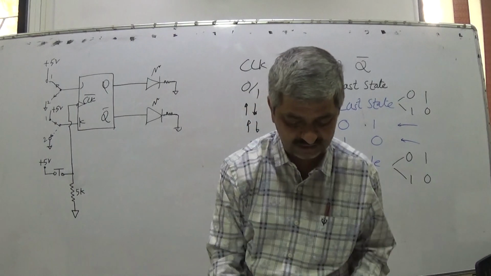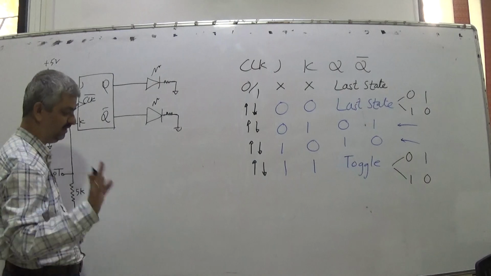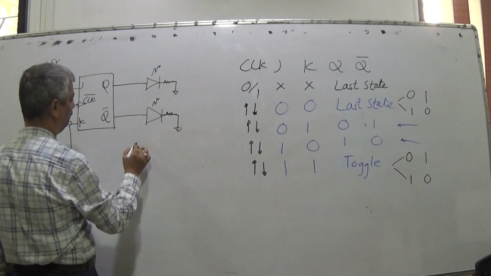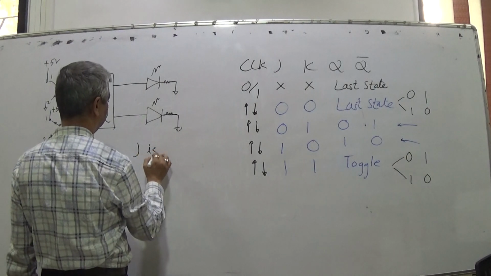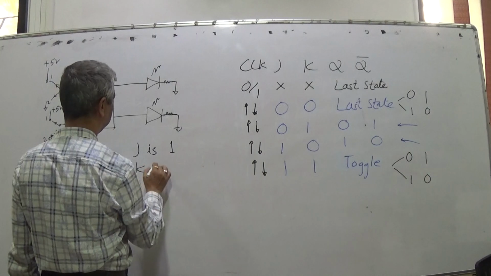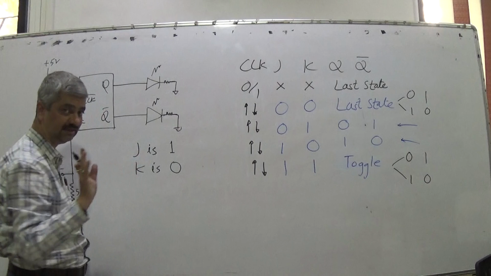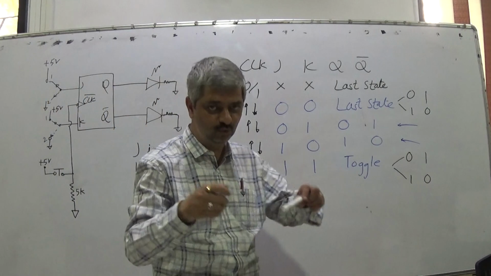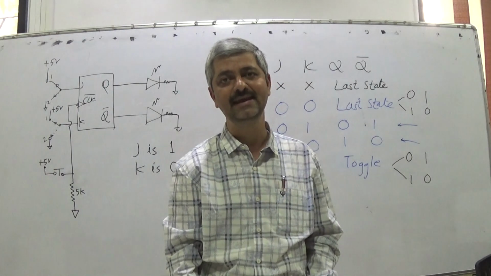So suppose you start with the sequence, J you put to position 1. So J is logic 1, K is logic 0. Is it right? It is you who can perform the experiment. J is logic 1, K is logic 0.